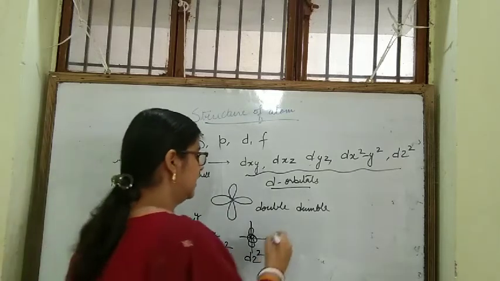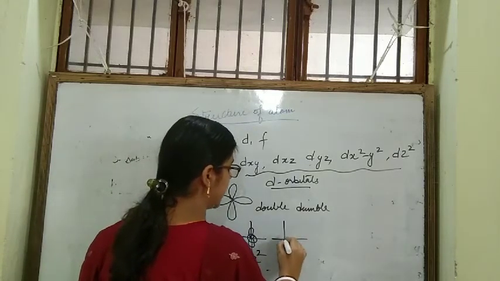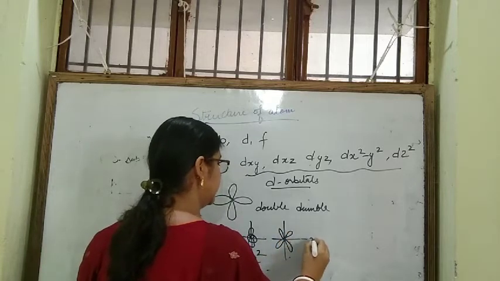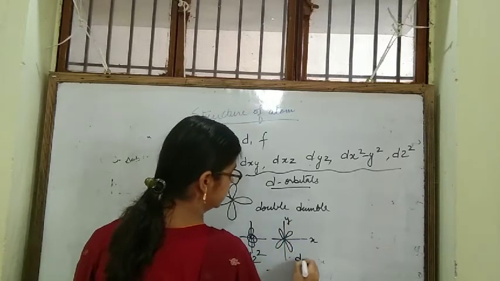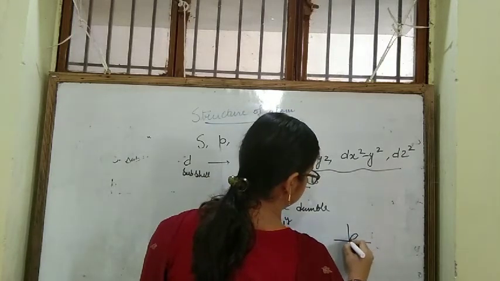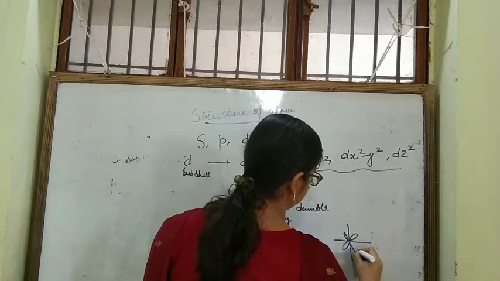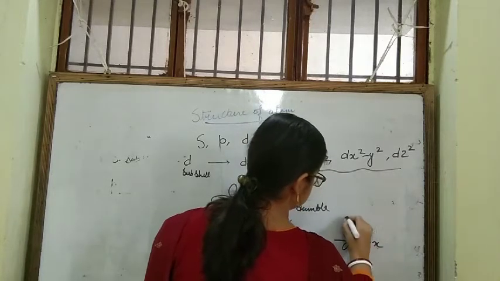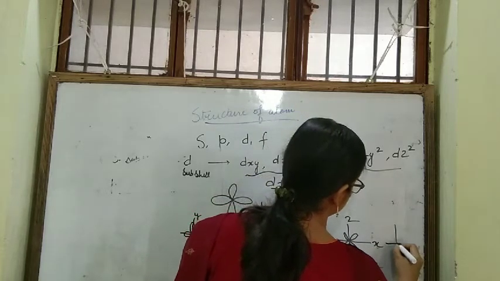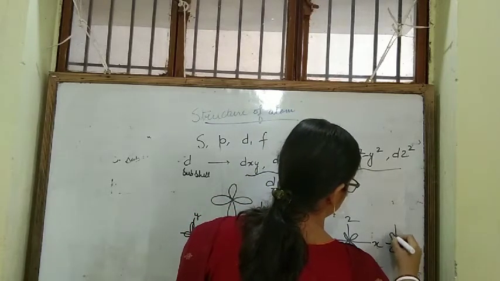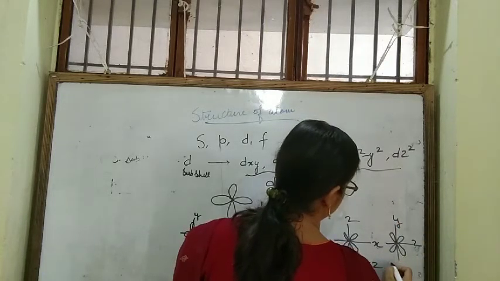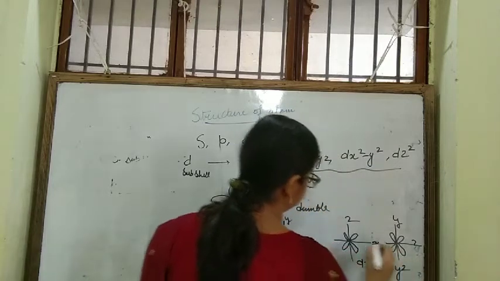Now, I will be showing dxy, dxz and dyz. X, y, this is dxy orbital. X, z, this is dxz orbital. And this is yz, this is dyz orbital.